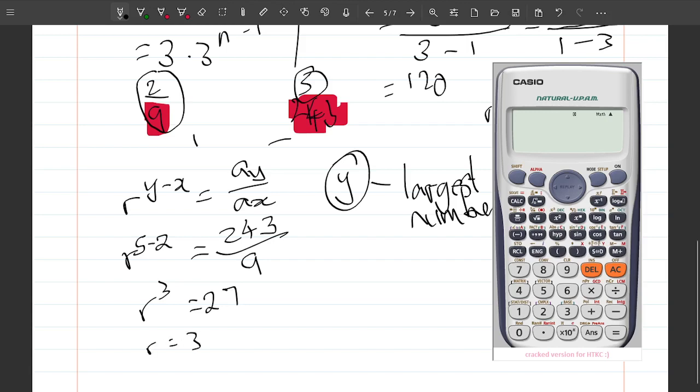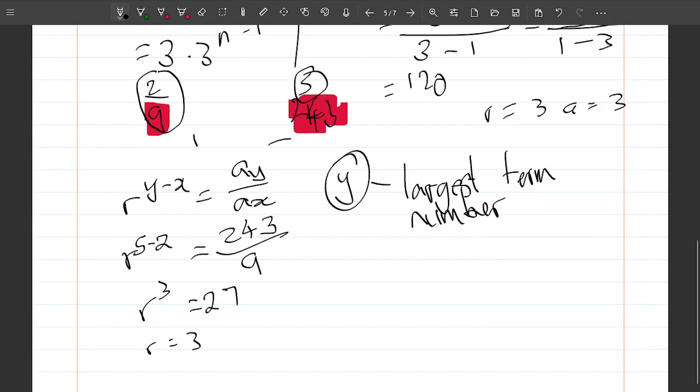Then how do we get our A? Well, the same way we did with arithmetic. You would pick one of these terms that you're given and then work with it. So let's just suppose, for the sake of making things a little complicated, let's use this one. Okay, so I'm going to make the substitution for that one.